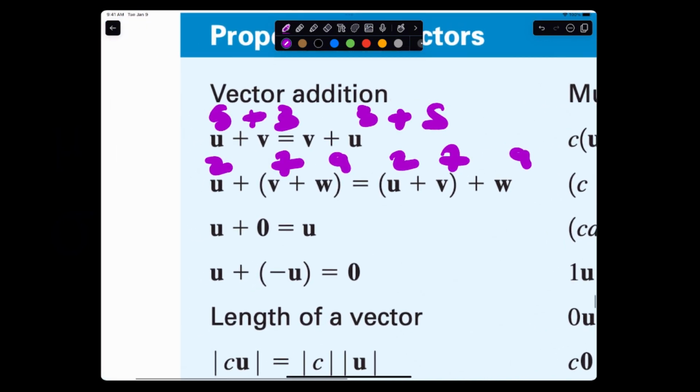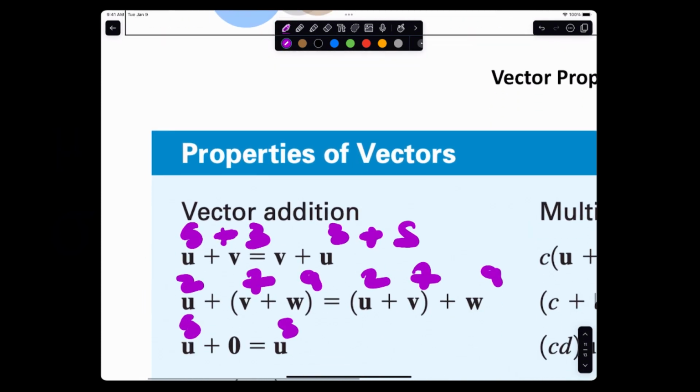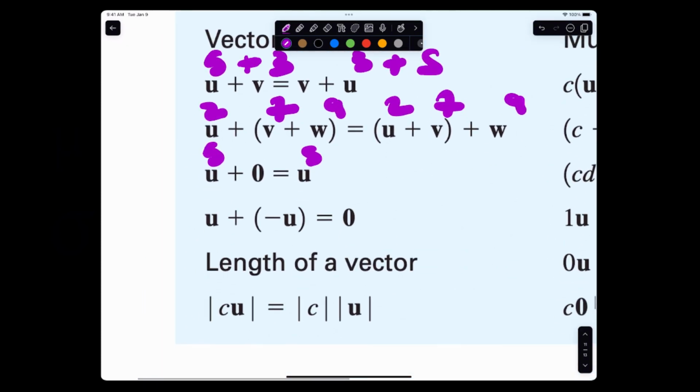And then you have what's called the identity for addition, right? So let's say this is 5 plus 0. Doesn't that still equal 5? That's the effect of the 0 vector, so you guys know. And then one of the reasons why you have the definition of the 0 vector is down here, because if I said, what's 5 minus 5? Isn't that 0? It's really 5 plus a negative 5. Well, that's still 0.